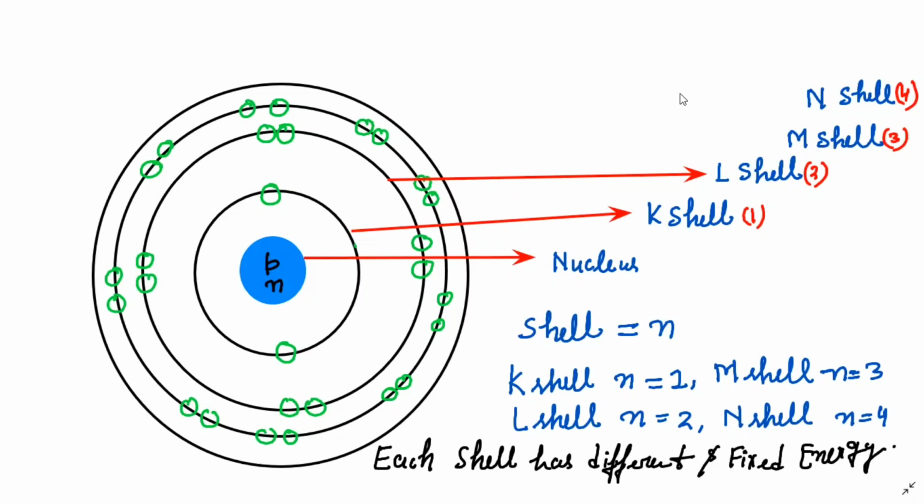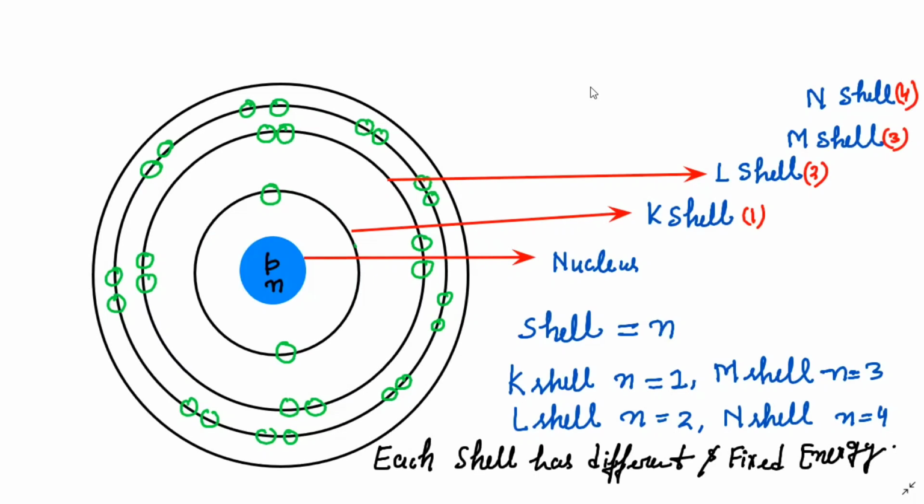Valence shell electrons help to calculate the valency. The second last shell, the M shell, also has a specific name, the penultimate shell. The K and L shells don't have any specific name.